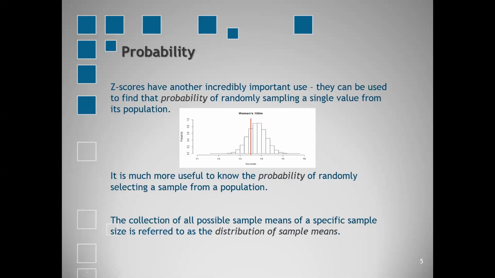The collection of all possible sample means of a specific sample size is referred to as a distribution of sample means. When the population size is small, such as in our example, it is simple to calculate the distribution of sample means and find p-values. However, as the population size grows, it becomes more time-consuming and difficult to find every possible sample mean that can possibly be taken from a population.